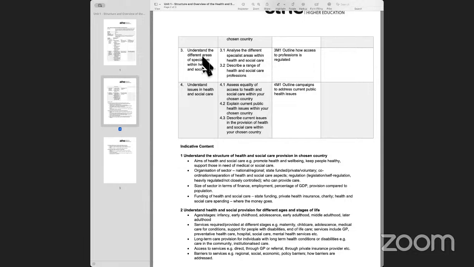So this learning outcome today is going to be focused on understanding the different areas of specialism within health and social care. We talk about doctors, nurses, physiotherapists, dinner ladies, healthcare workers, healthcare assistants, people who work within A&E.